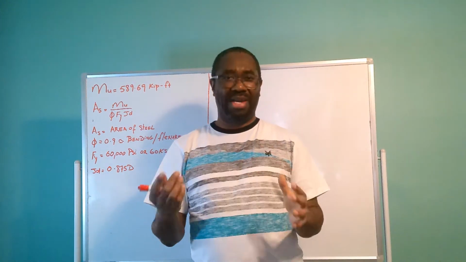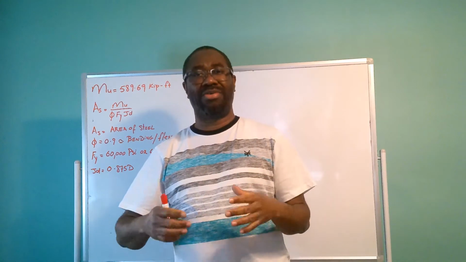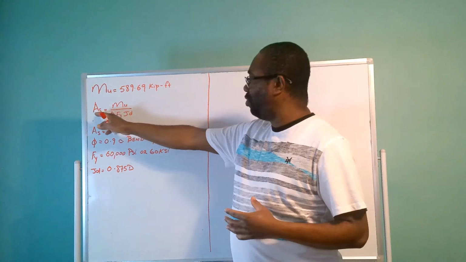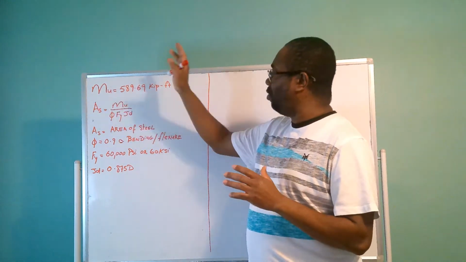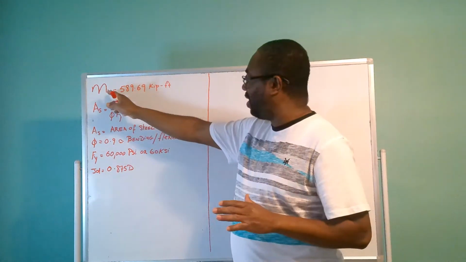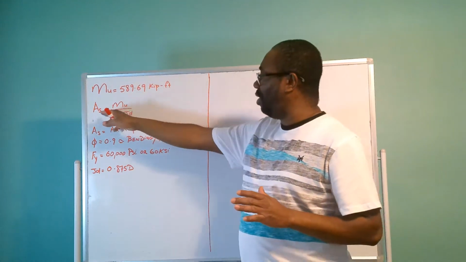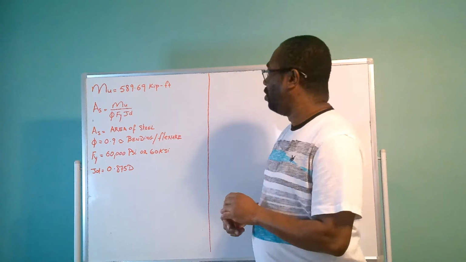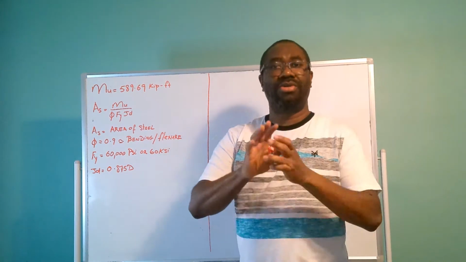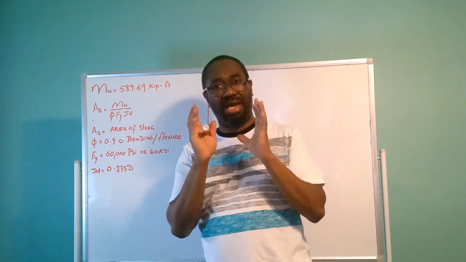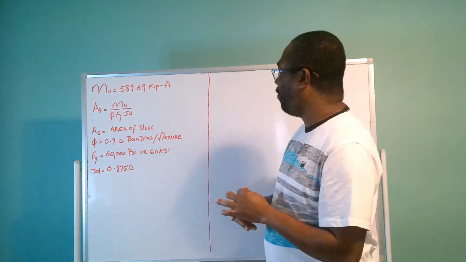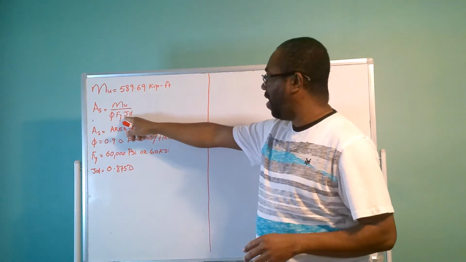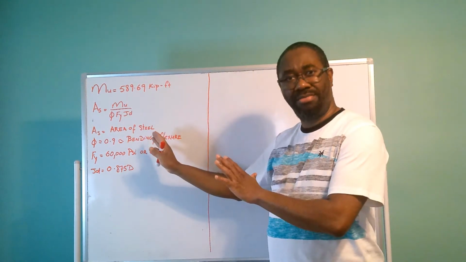So finally, I have gotten to the point in my videos to introduce to you why it is necessary to calculate the moment to go in our area of steel formula. So the formula to calculate the area of steel is the moment over phi Fy JD.